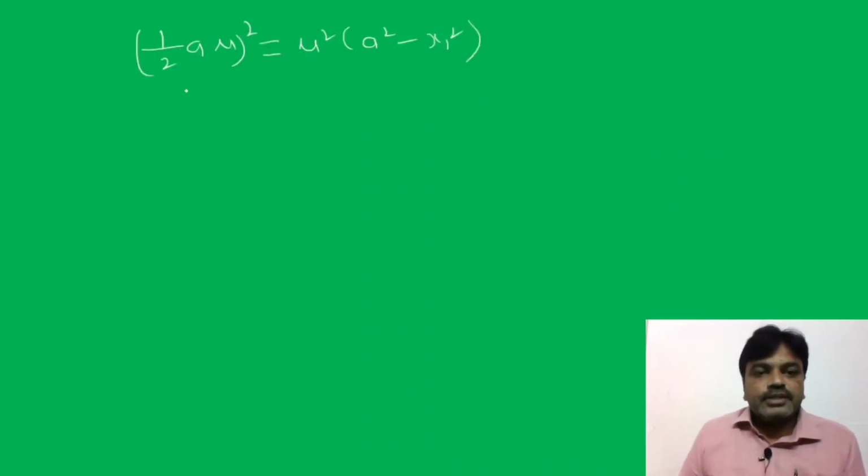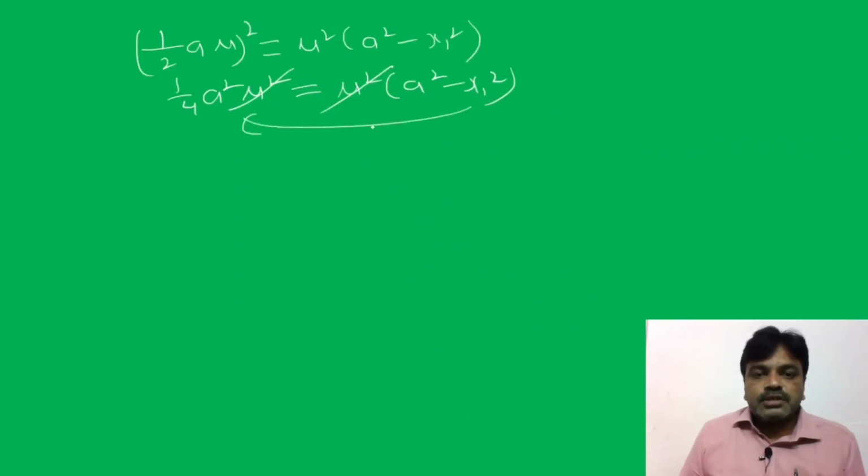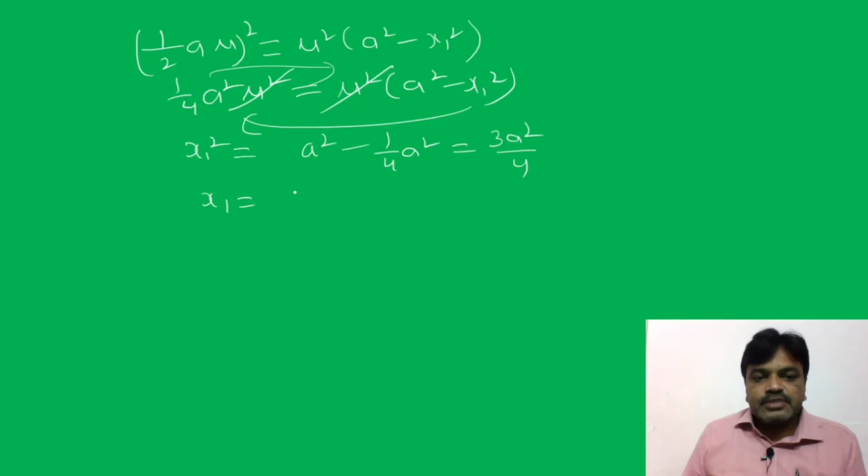Squaring on both sides, we get 1/4 a²ω² = ω²(a² − x1²). ω² cancels. Transposing x1² to the left side and 1/4 a² to the right side, we get x1² = a² − 1/4 a² = 3a²/4. So the distance x1 = ±(√3/2) a, since the square root of 4 is 2 and the square root of a² is a. This is the value.